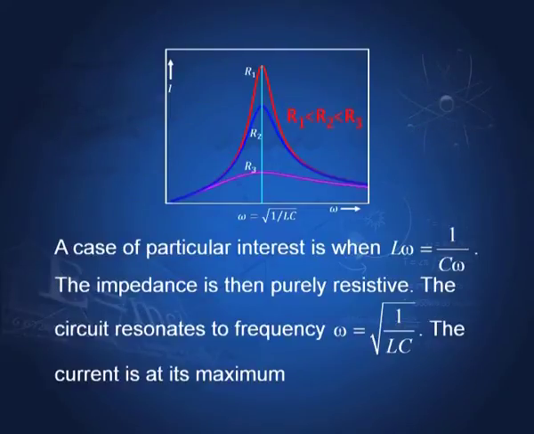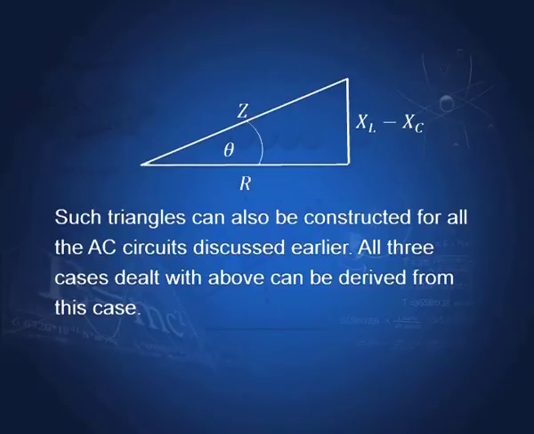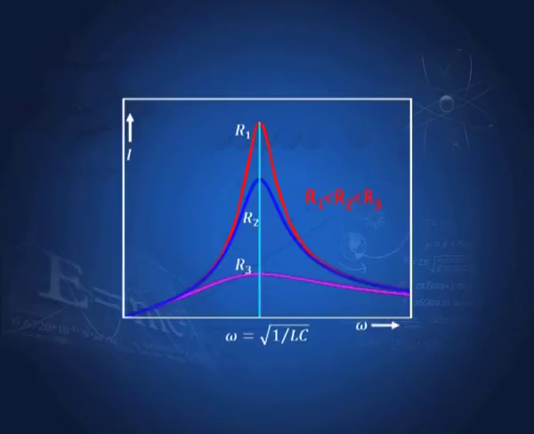Now, a case of particular interest is when L omega is equal to 1 by C omega, that is, XL is equal to XC. When XL is equal to XC, you will see this term vanishes and the impedance consists only of R, and the impedance becomes very small. Therefore, the current shoots up.